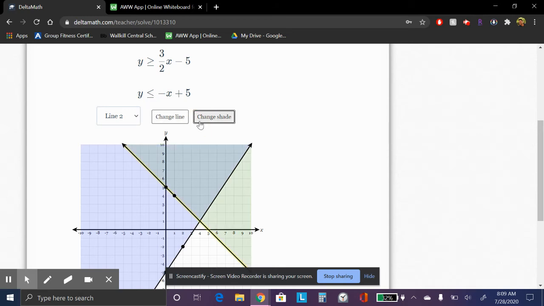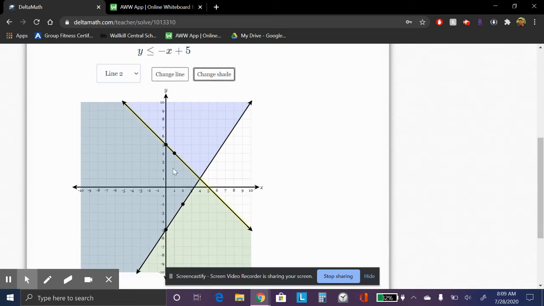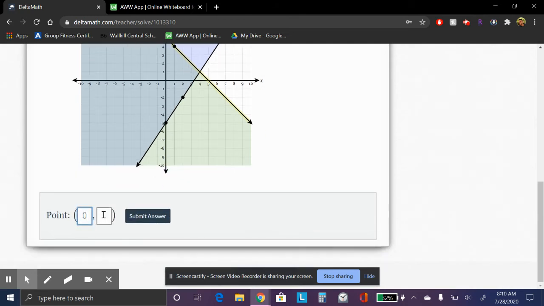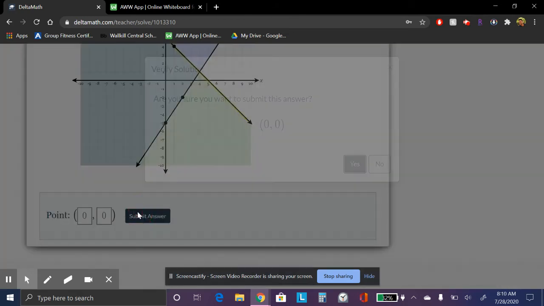Where they overlap is right in this area. I'm going to pick the origin. The origin is right in the solution set: 0, 0.